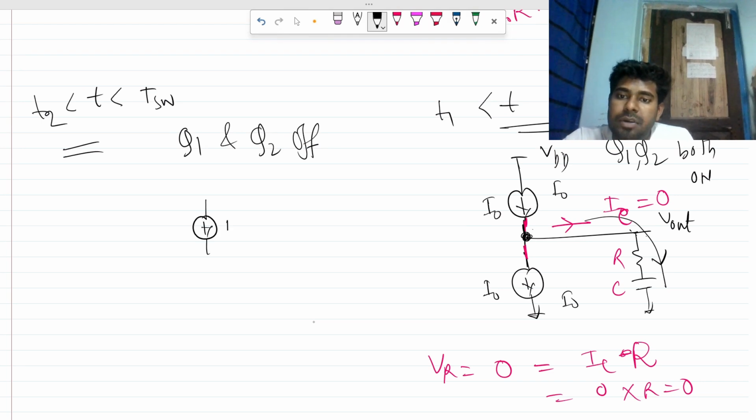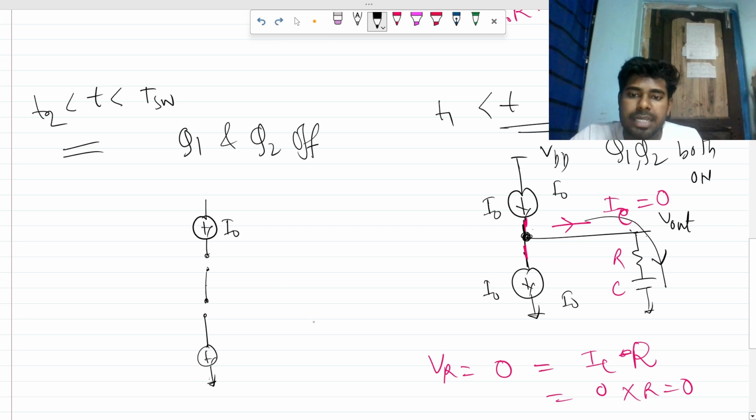Here is I0 and this is open circuit, again this is open circuit, and here is I0. So similar case, it will hold its previous voltage, right? Because no current can flow through that branch, as these two currents become 0, and your RC is getting 0 current as well.